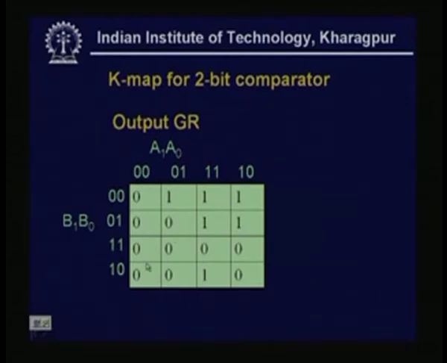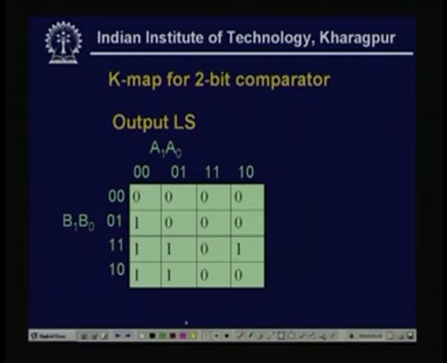Now, the same thing we see for LS. A1 A0 is 0 0, B1 B0 is 0 1. So, A is less than B, and this is my 1.